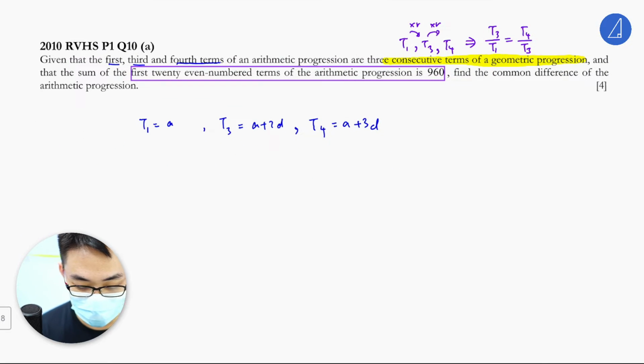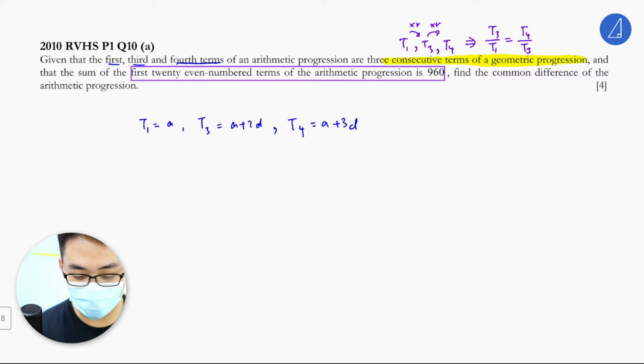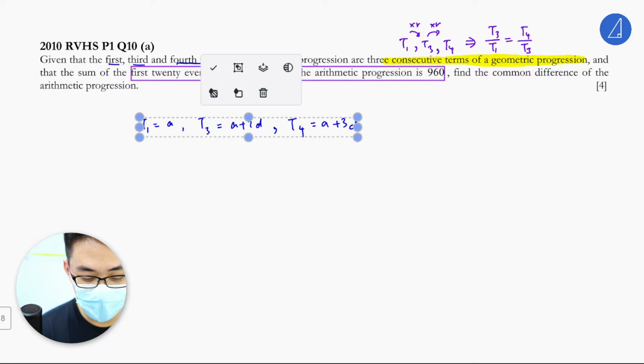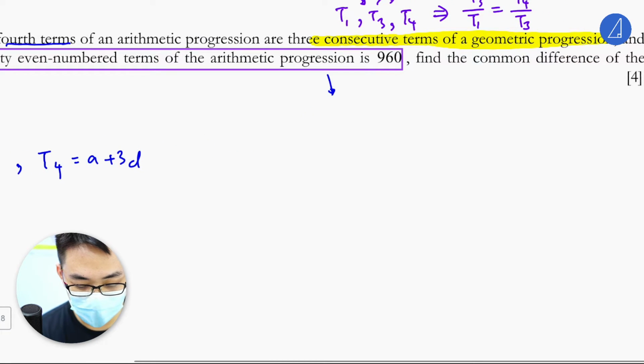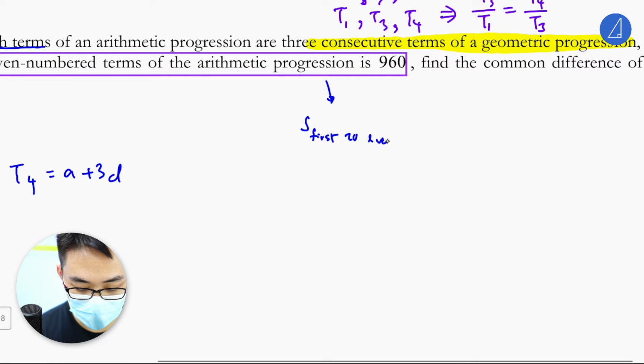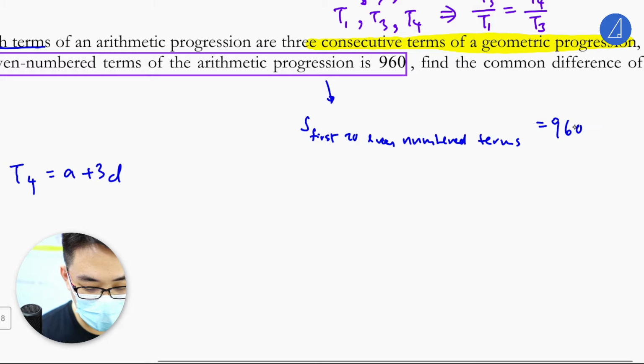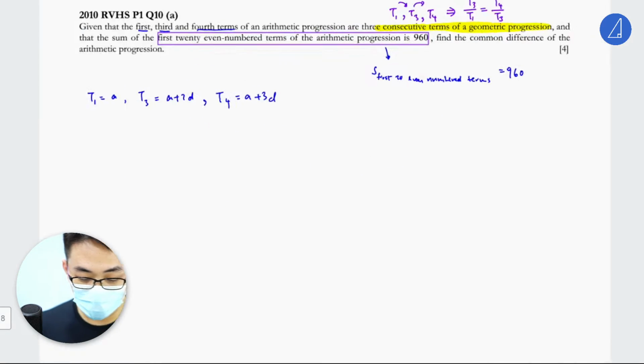Because this is jam-packed with so much stuff, I'm going to put this aside. I'm going to write this down as the sum of the first 20 even numbered terms is 960. Okay, later we talk about that. But before that, we try and understand this one first.